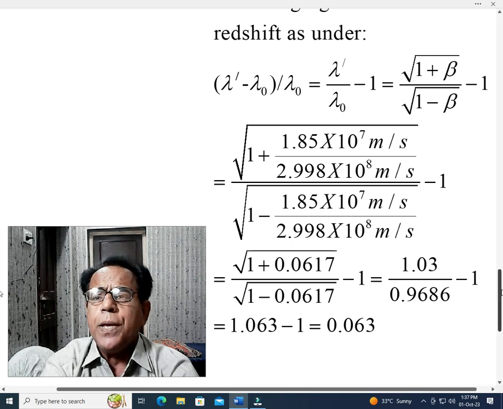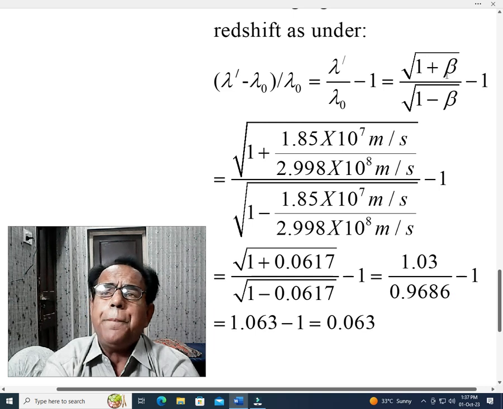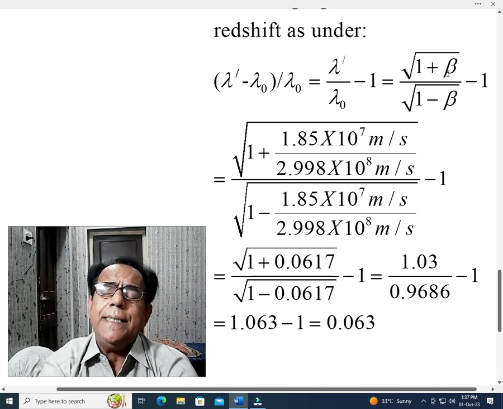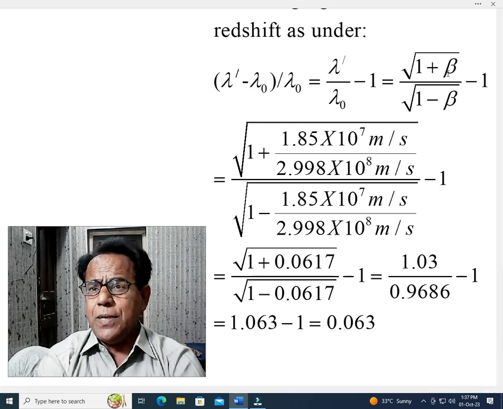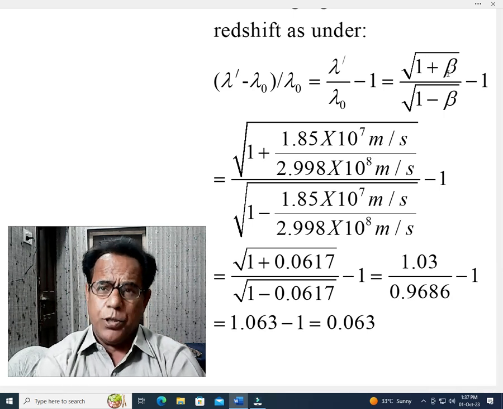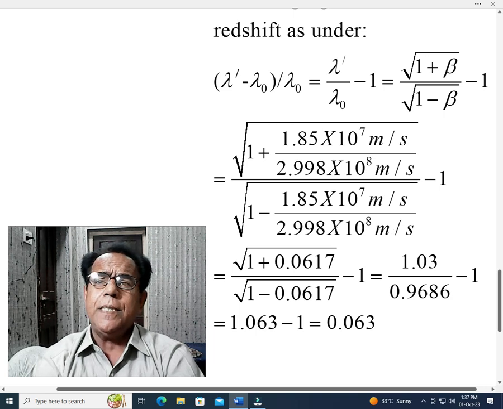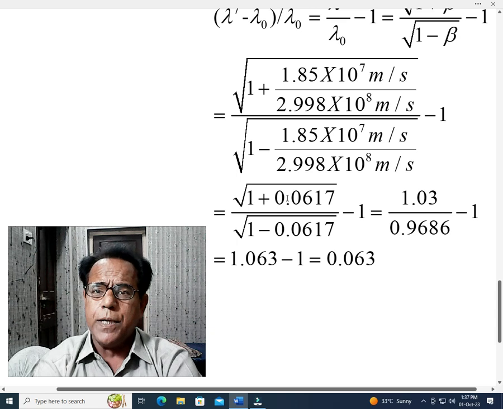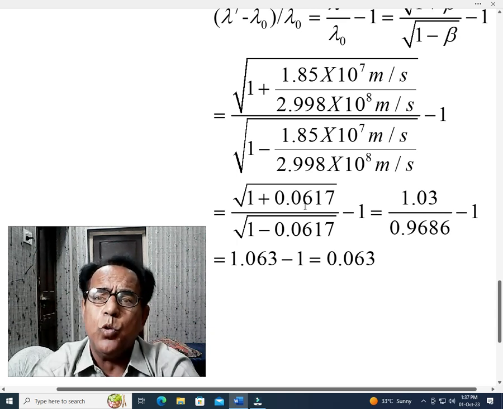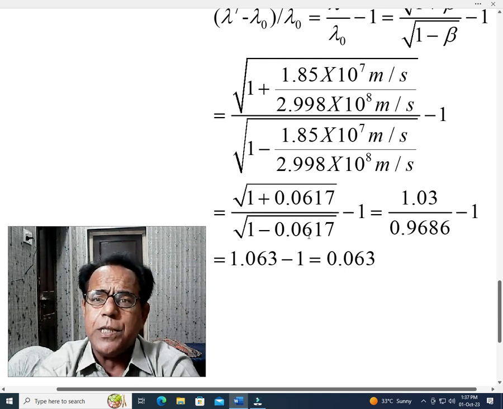So nothing more, we just put the value of β, that is speed parameter v over c. v is given in the statement and c is the constant speed of light. After simplification it will take the form √((1 + 0.0617)/(1 − 0.0617)) − 1.